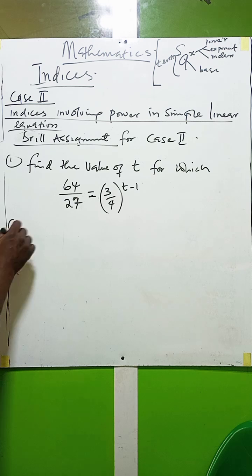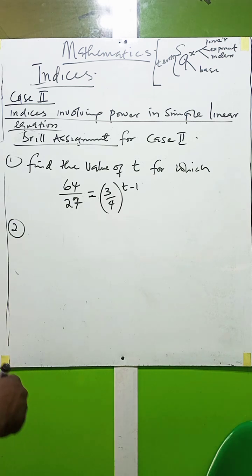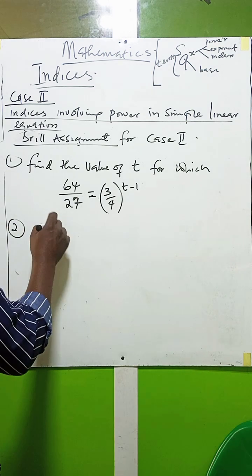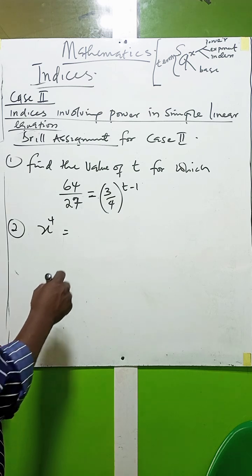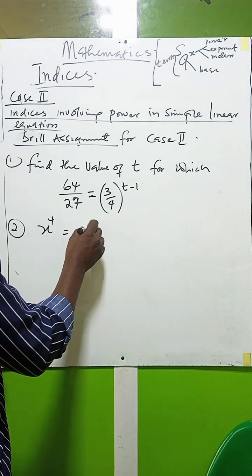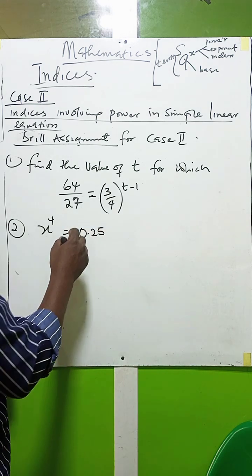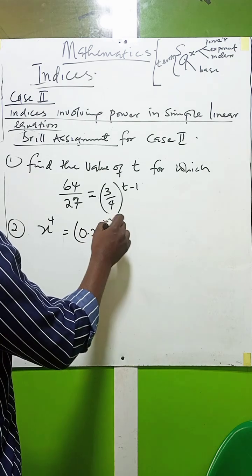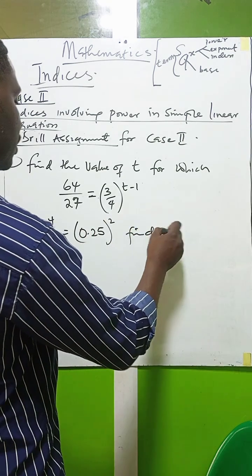Then number 2, x to the power 4 equals 0.25 raised to power 2. Find x.